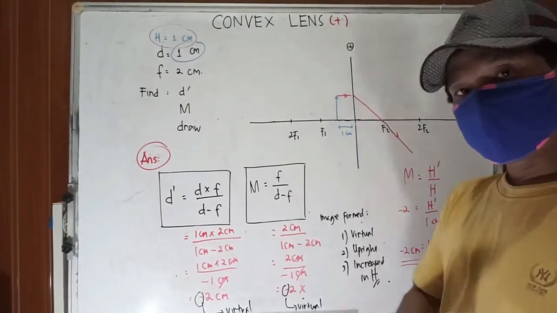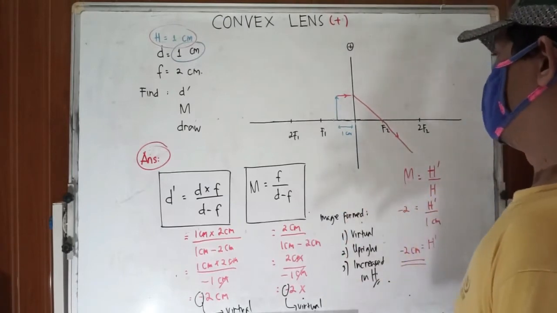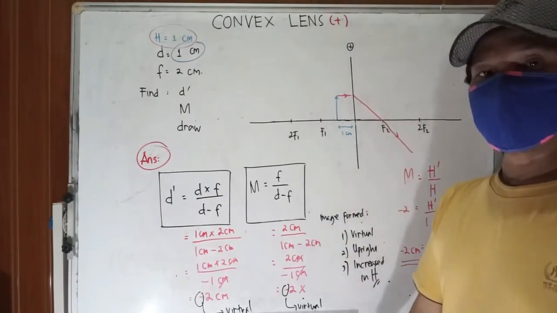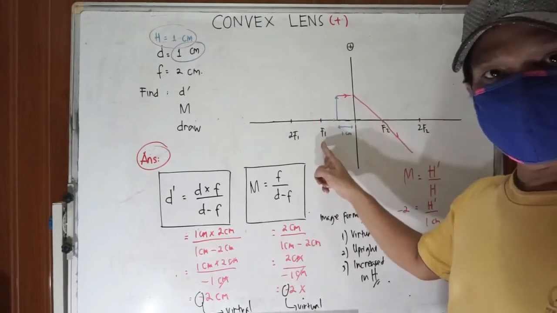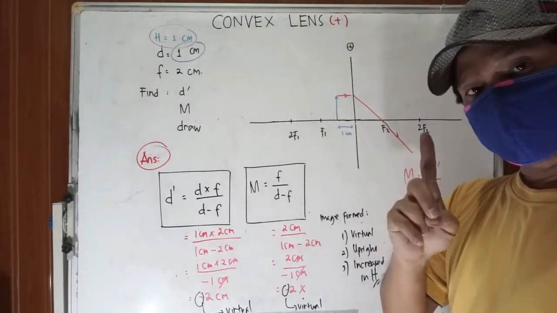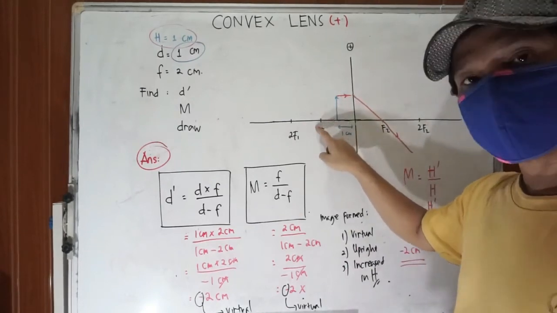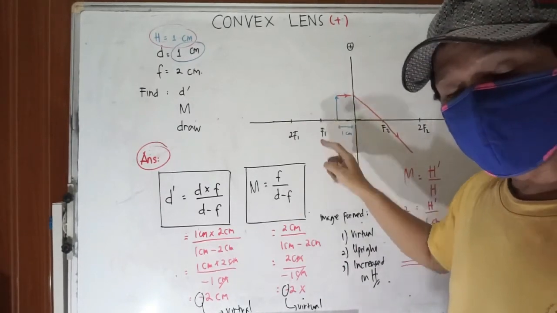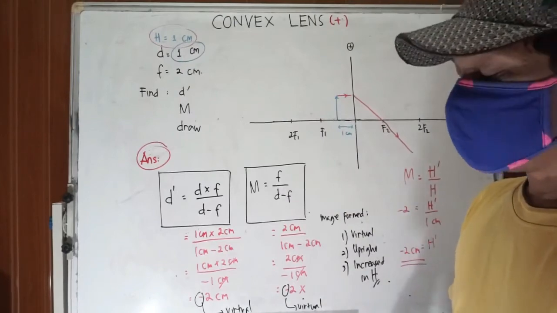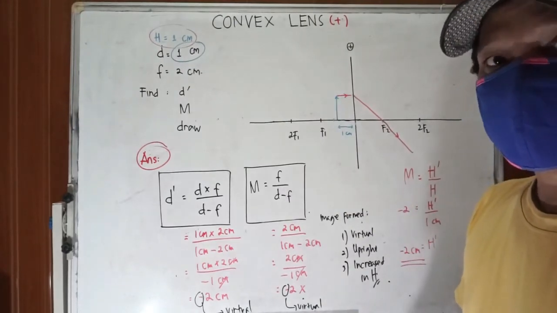And next, rule number 2. The ray passing through F1. Listen, student, do you have any question? I think it is not possible. Why?